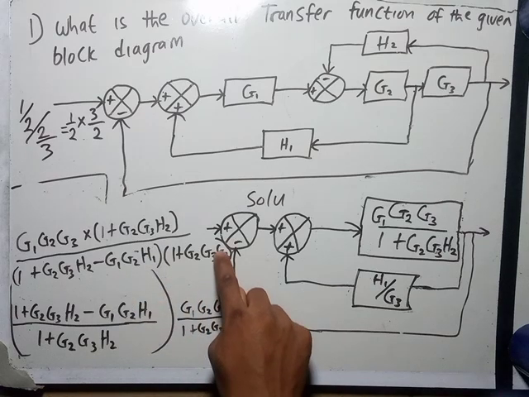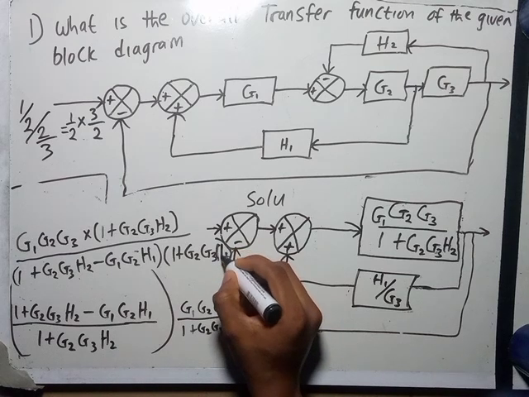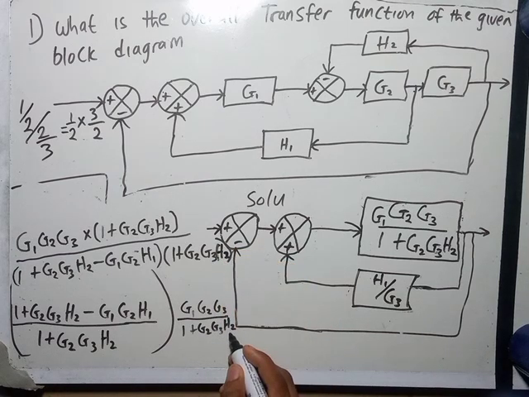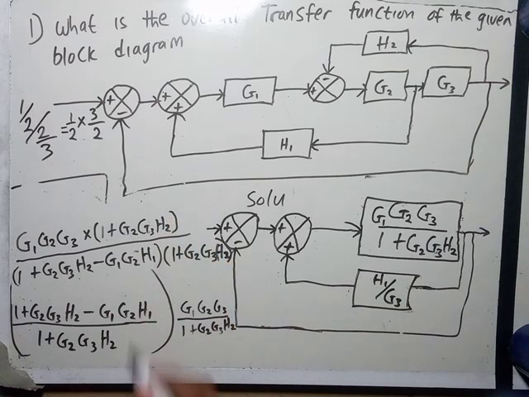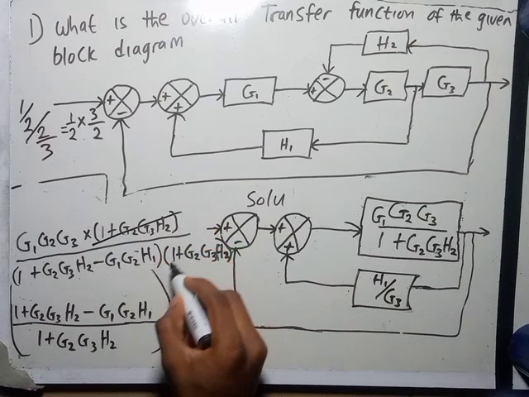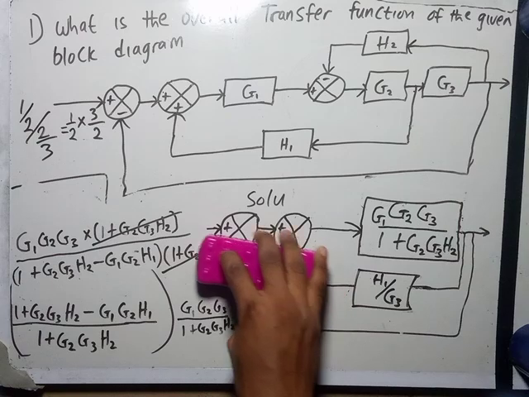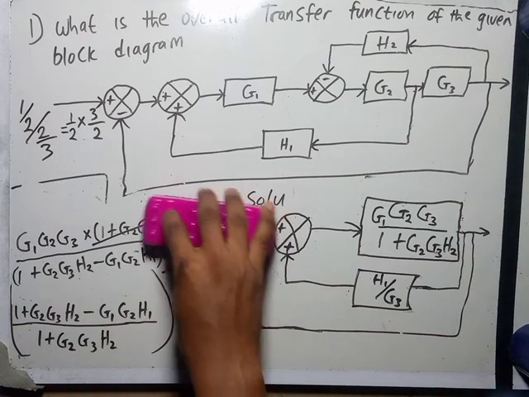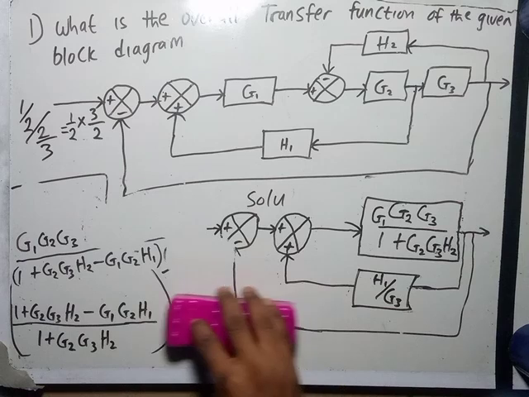Okay, there's a mistake here. This is H2. This is H2 from here. So as you can see now, they are both the same. So this can simply cancel out. And when they do, we'll be left with just this expression.